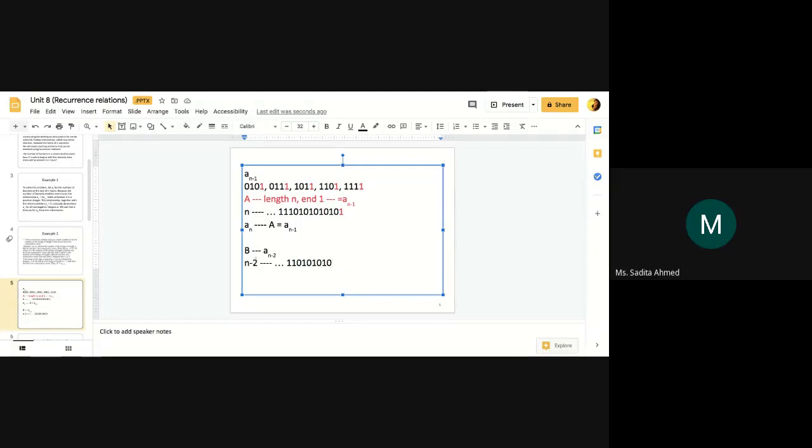So that is the reason we are going to utilize now the count of bit strings of length n-2. Because if the length is n-2, then we can add 2 bits at the end to convert the length from n-2 to n.